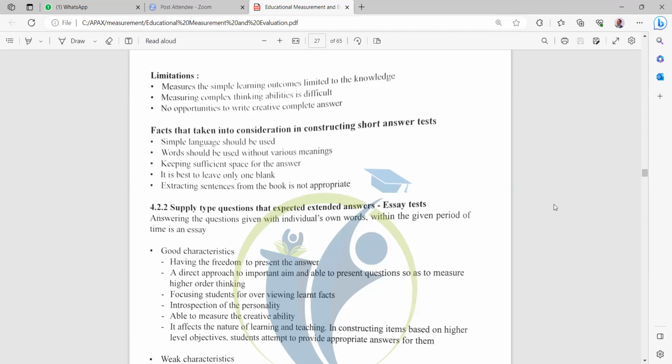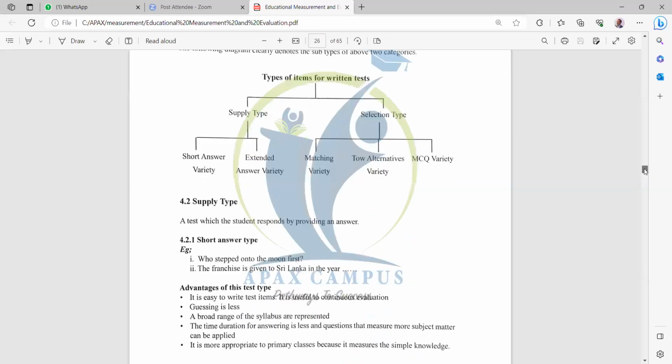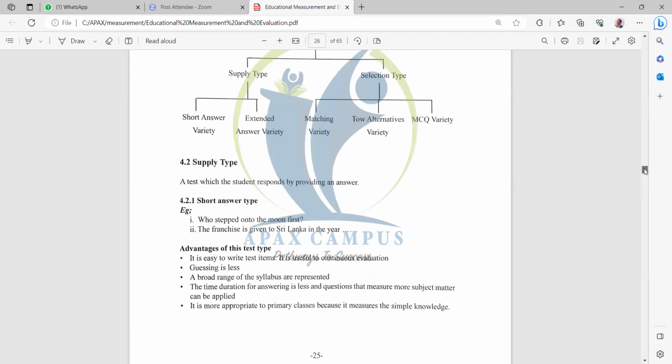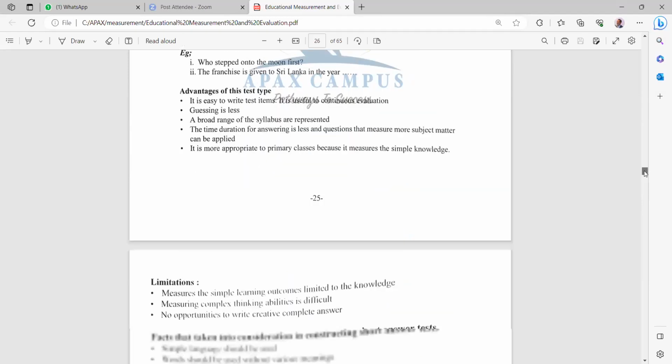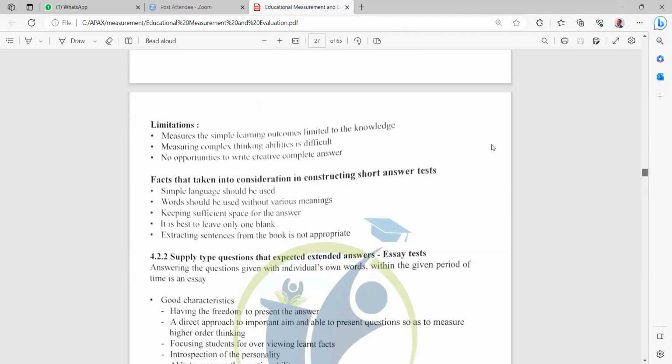So on the one hand, it's an advantage. We say it's more appropriate for primary classes because it measures simple knowledge. But on the other hand, it can be a limitation, because we should be able to measure higher order cognitive skills also.